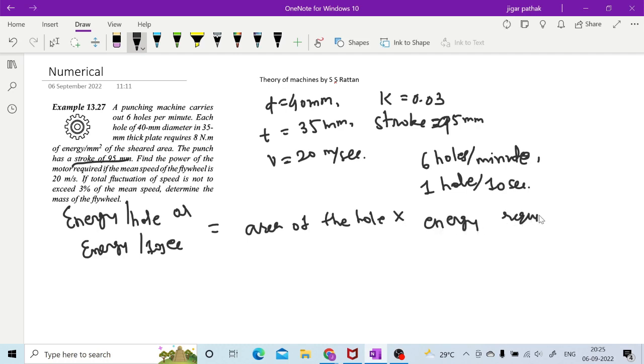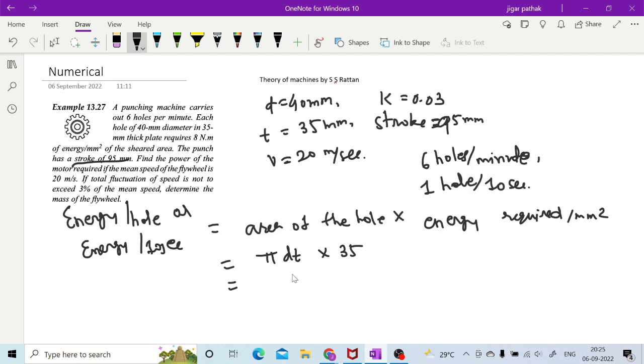Energy required per mm square is given in the problem statement, and area of hole can be directly given from pi d t. D and T are also given.